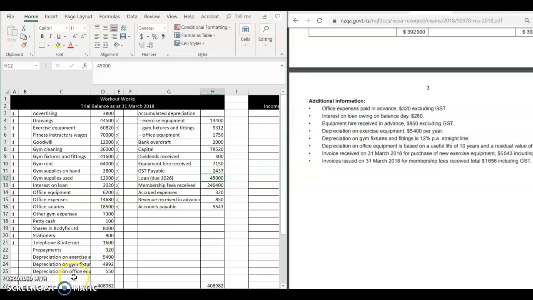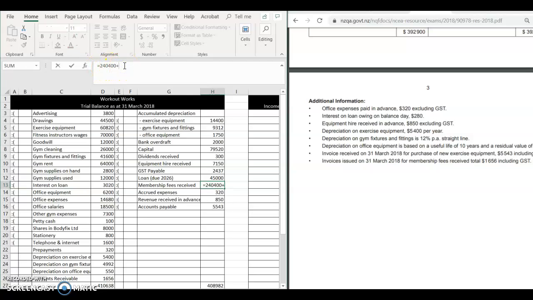Last one, invoices issued. So that's accounts receivable for the full amount. And that was for membership fees. So find your membership fees. Put an equals in front of it.